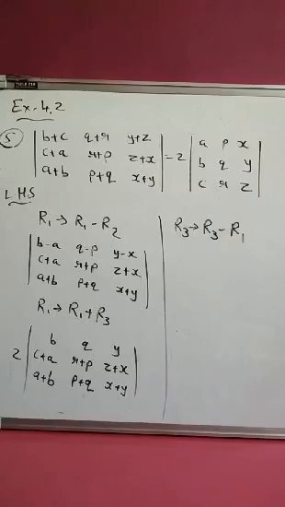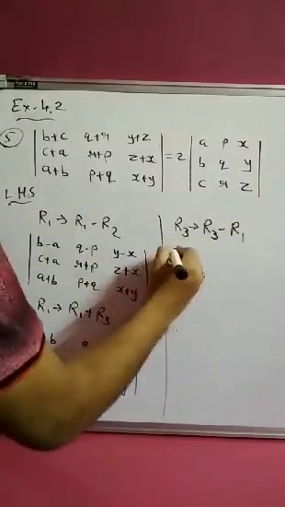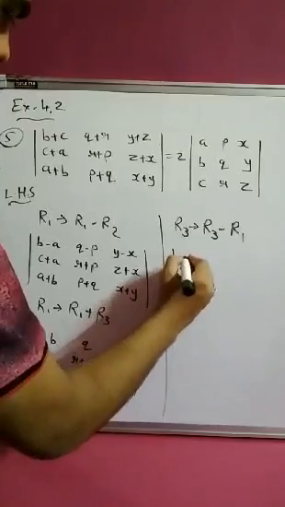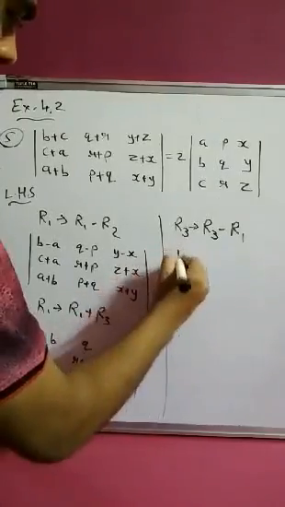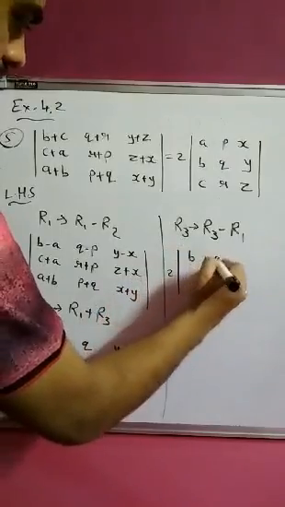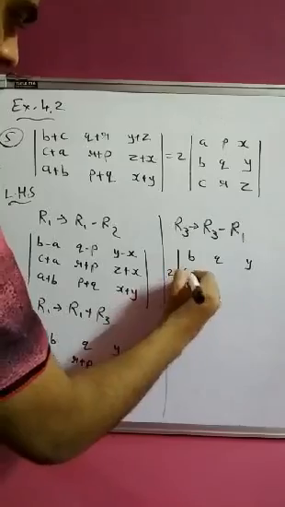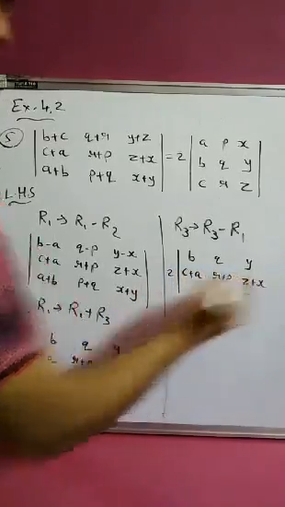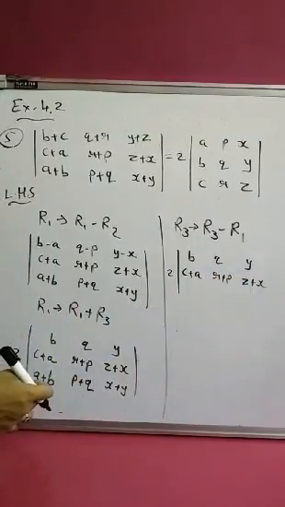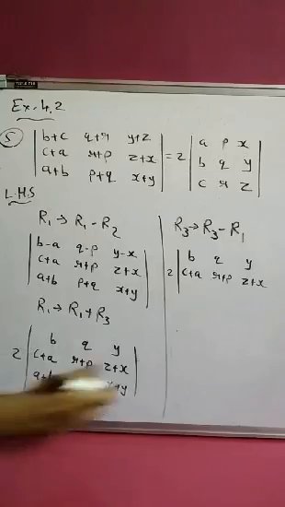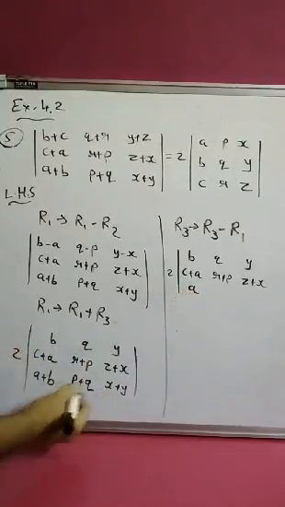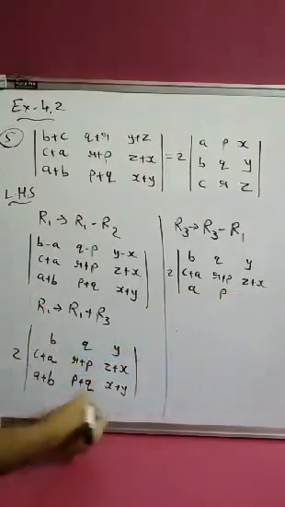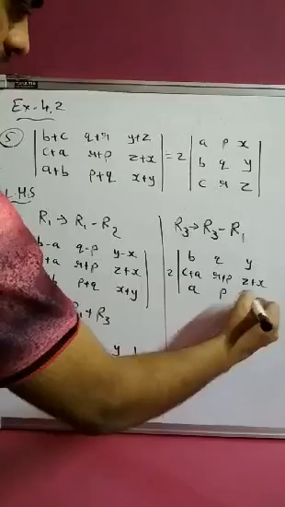So if we do R3 as R3 minus R1, then here 2 B, Q, Y, C plus A, R plus P, Z plus X. R3 minus R1, A plus B minus B, so here we get P only. P plus Q minus Q, so here P only. X plus Y minus Y, so here X only.